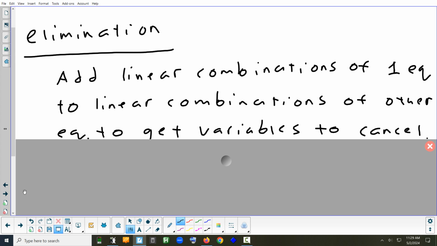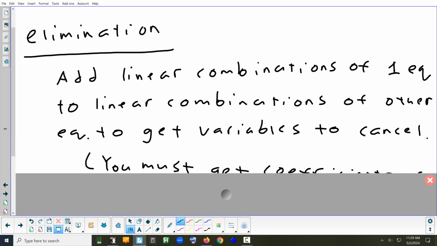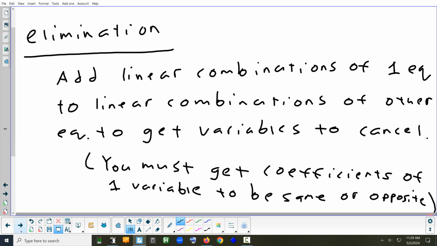All right. So the idea of elimination is you have two equations you're trying to solve, and you want to make one of the variables cancel out. And the way you get them to cancel out is you have to line the columns up and make the numbers the opposite.